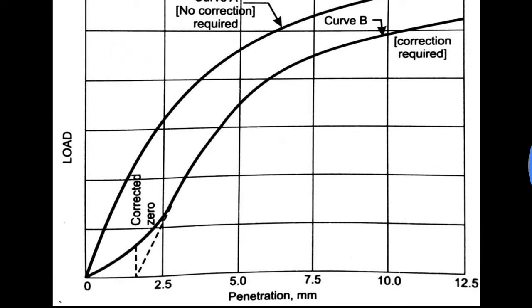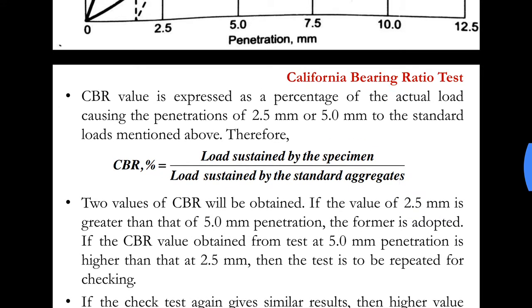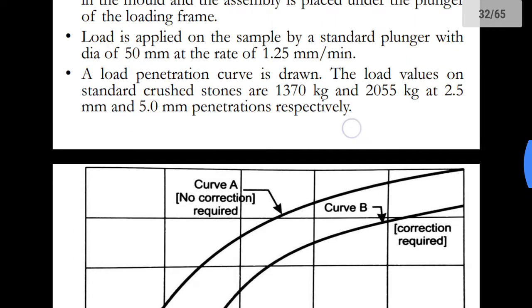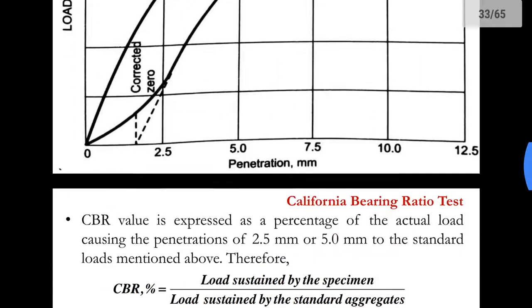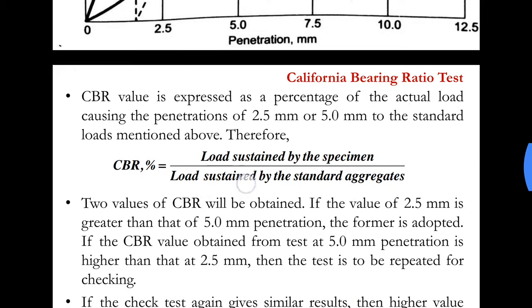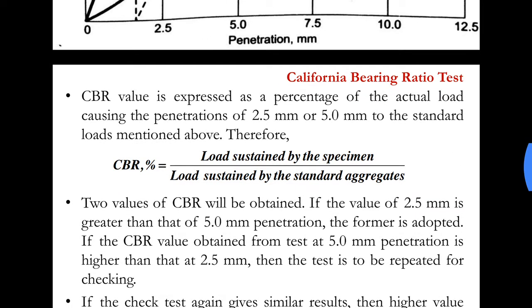So this load would be the numerator, and the denominator is nothing but the load sustained by standard aggregates. Standard load at 5 mm is 2055. So this would be divided by 2055 into 100, since the CBR is in percentage. Likewise we have obtained the CBR values at 2.5 mm and 5 mm penetration.